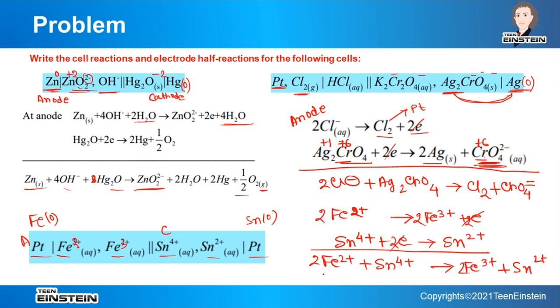So here iron 2 plus is oxidized to iron 3 plus, and tin 4 plus is reduced to Sn2 plus by accepting electrons from iron. So iron has lost electrons, and tin 4 plus has gained electrons. Okay.